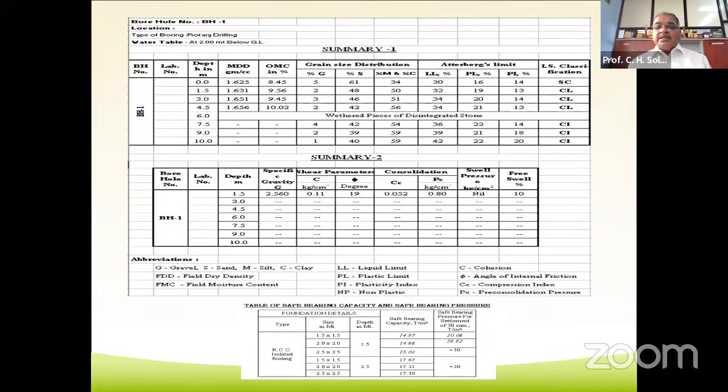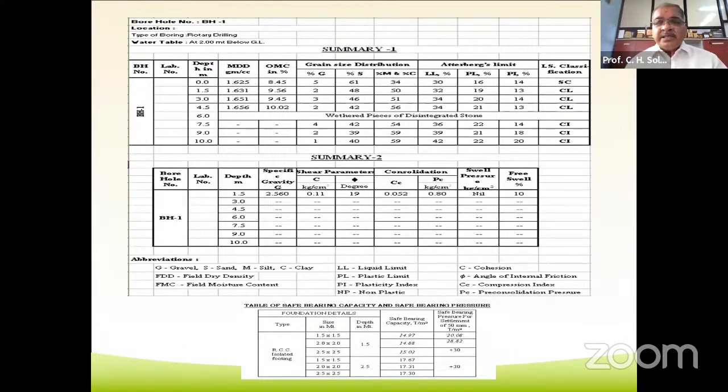In addition to this, what are the Atterberg limits? For the samples which you have tested in the laboratory, the liquid limit, plastic limit, and plasticity index for such soils have to be presented in the form of Atterberg limits. Once you get these results, you will be in a position to classify the soil, whether it is coarse grained soil or fine grained soil. You can classify using this data.